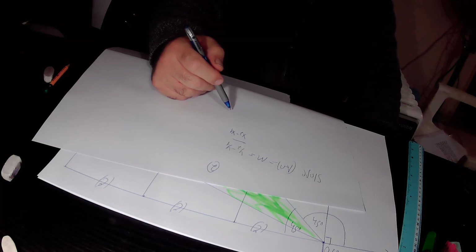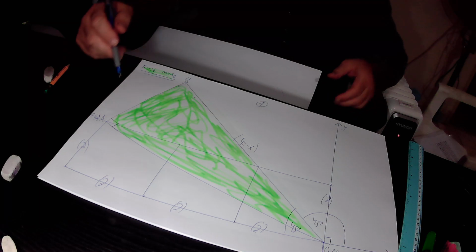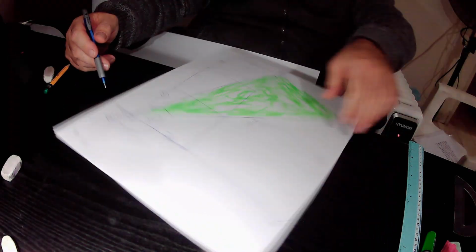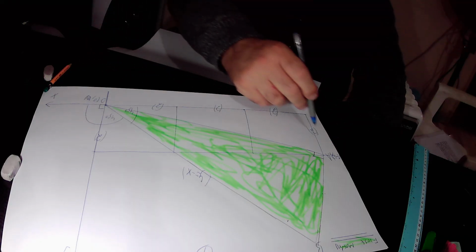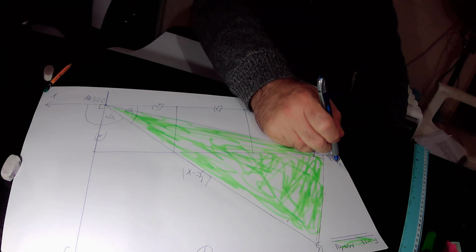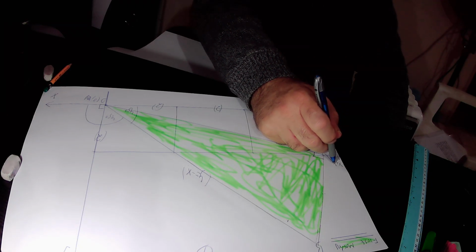Okay. So we define minus 6 as x2 and 2 as y2.